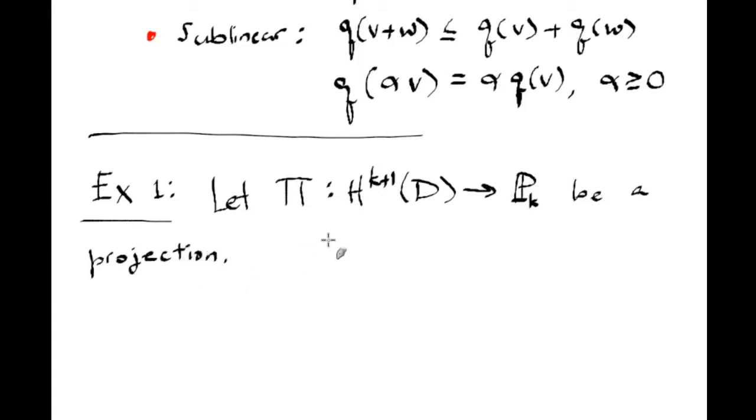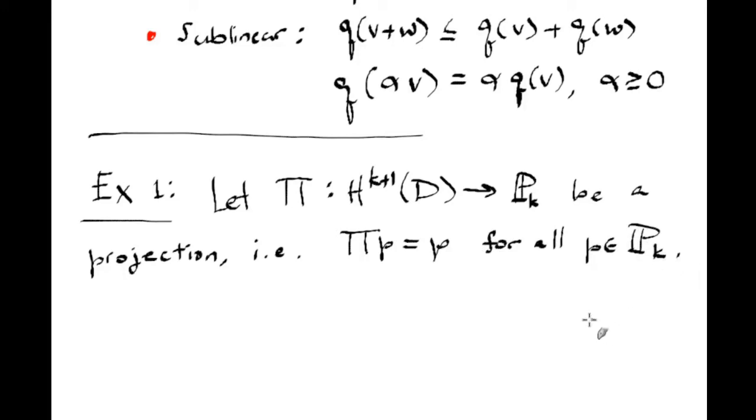We're just going to keep it general for now. So that pi of p equals p for all p in P_k. That's the important feature. Really, if you apply the projection to itself, you get the projection again.